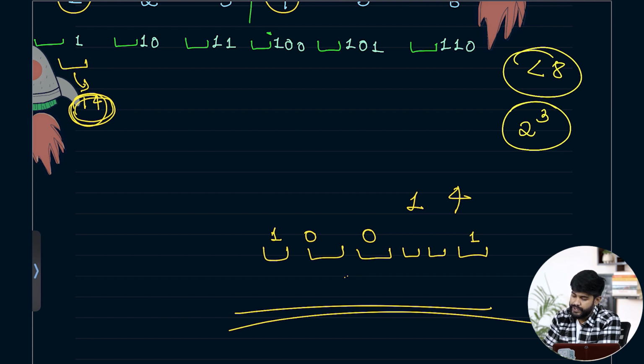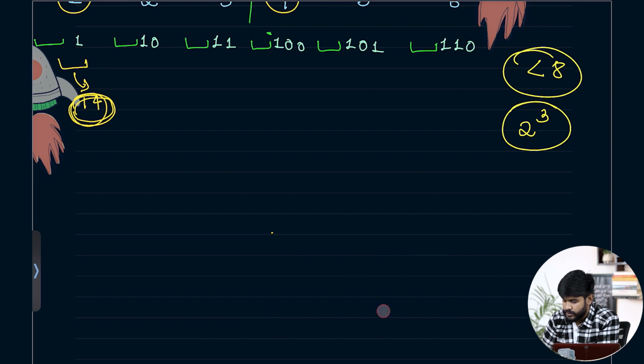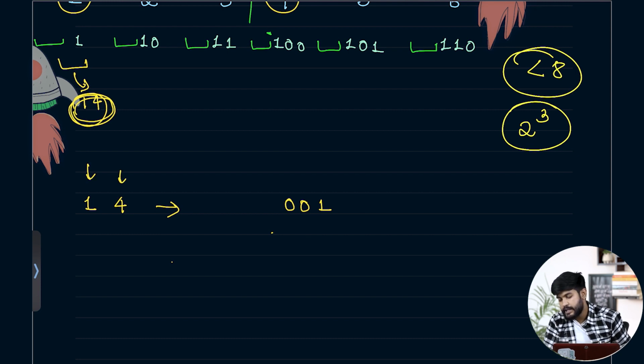But how on earth are we doing this? Let me tell you that also. Let's say we want to store 1 and 4. We would first have 1, and the representation is this. Let's say this element takes the first 3 blocks, and 4 takes the next 3 blocks.